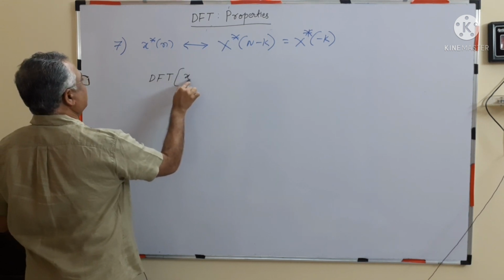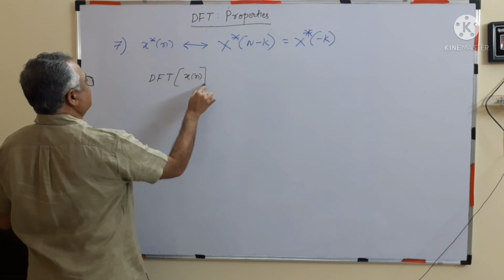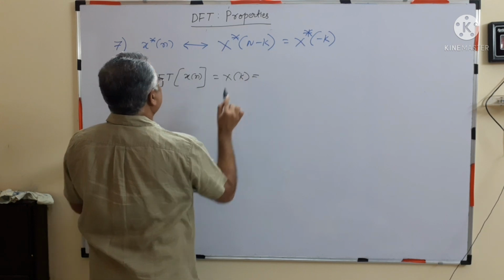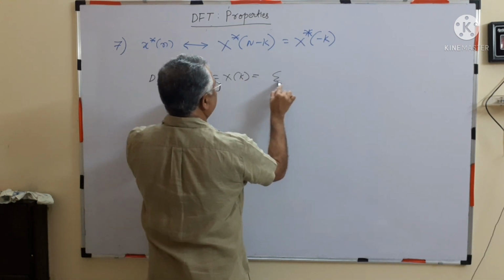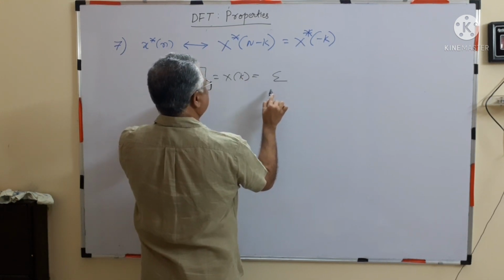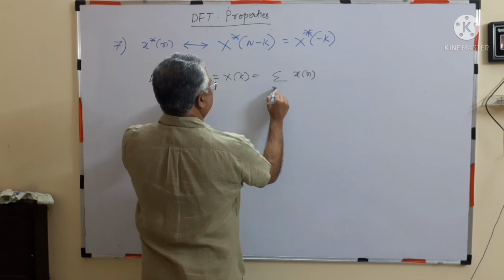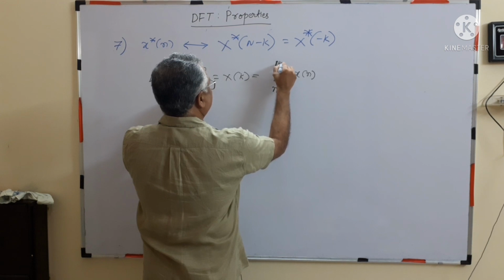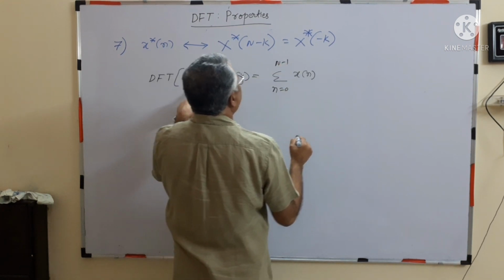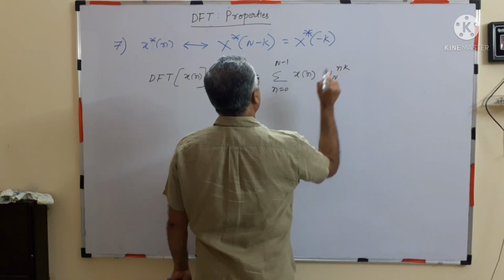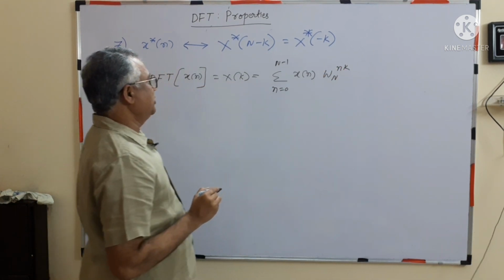The DFT of x of n is X of k. So what is the formula? Sigma n equal to 0 to N minus 1, W_N^nk. So I have written the DFT formula.